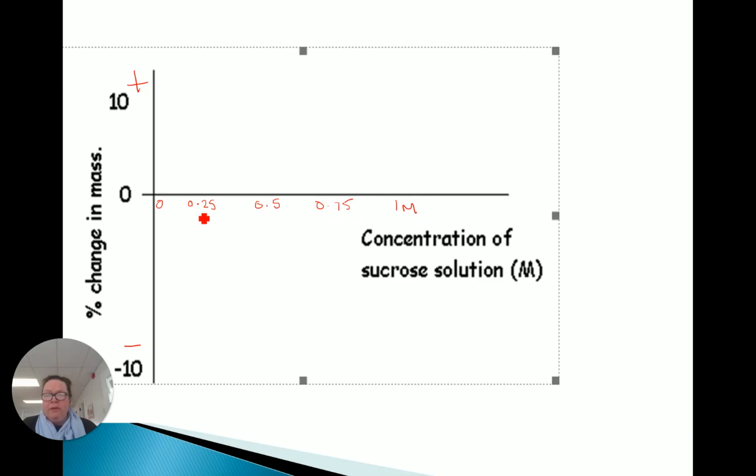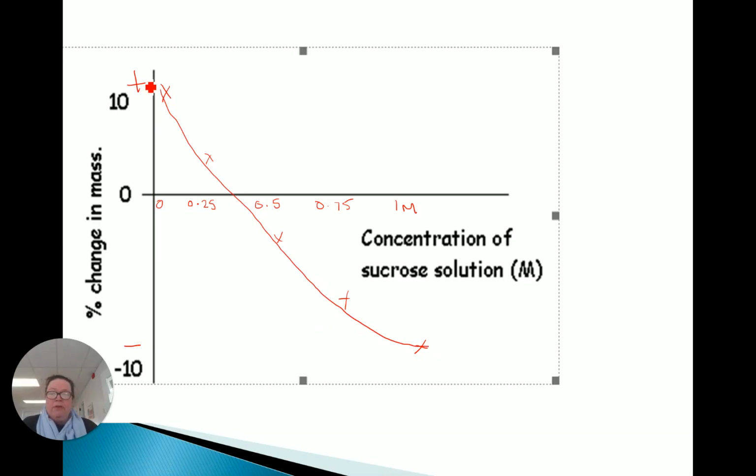Well, I think that's the ones they used. So we said the 0 molar, the pure water, is going to go up the most. So that's going to be here. The 1 molar is going to go down the most. That's going to be something here. And then the others will hit somewhere in between. Now, quite often, this is a curve.